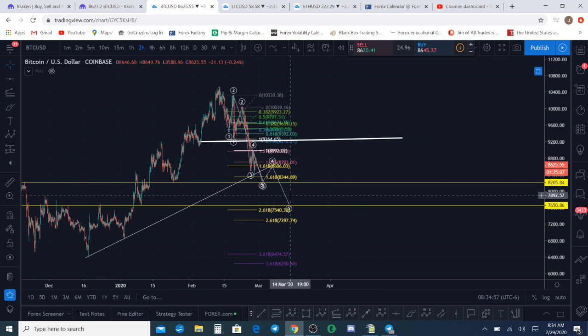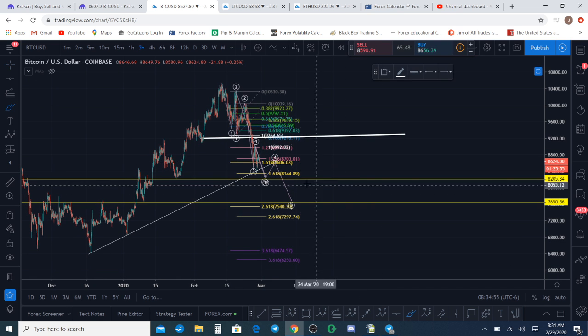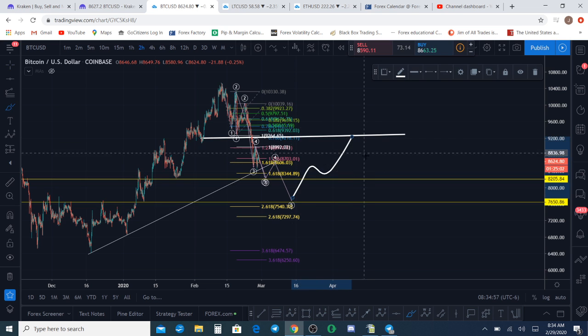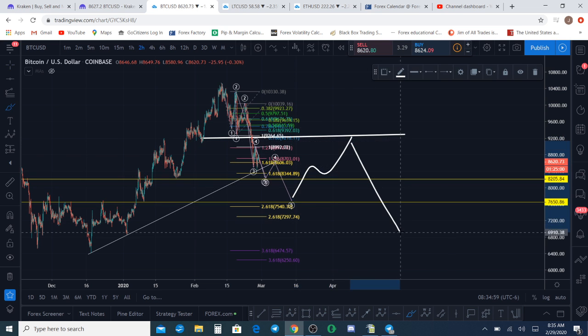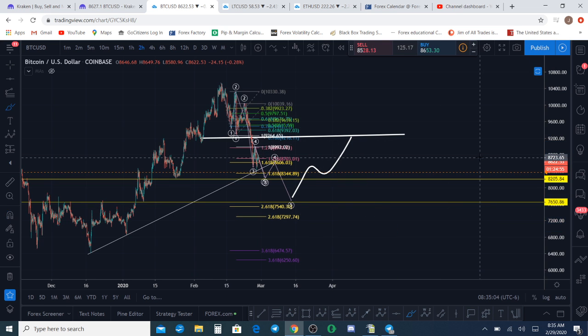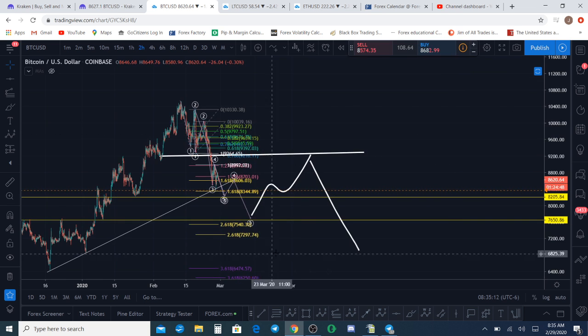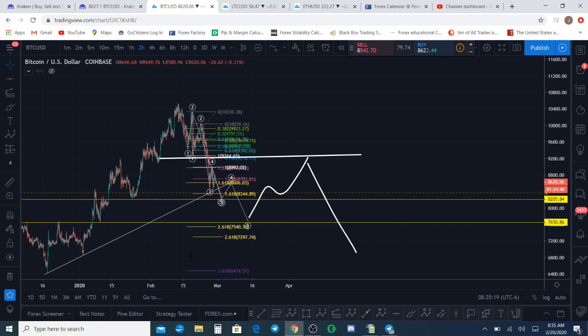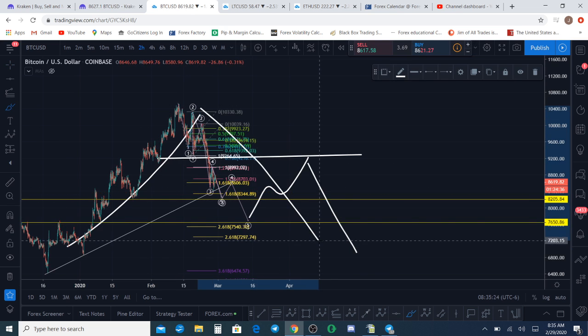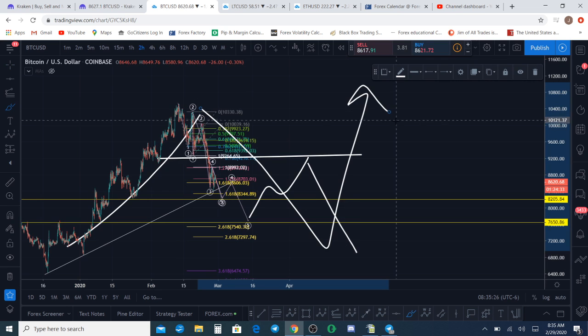So expect three waves. Come on back up there, and then we come on down for another five waves. Now that could be, guys, a very large ABC that matches time and size proportionality of this wave, and this could be a bullish one wave and then a two wave, and then we're off to the races, off to the moon.